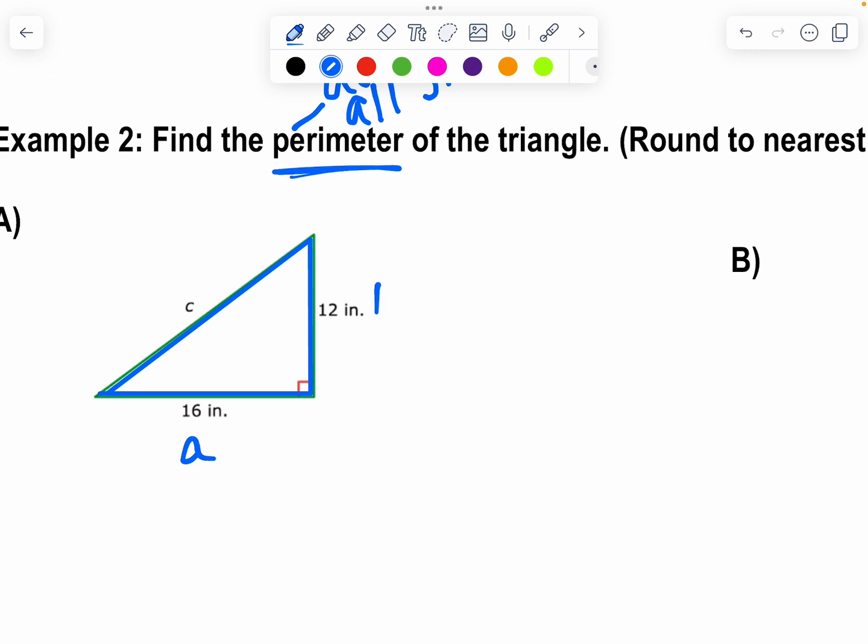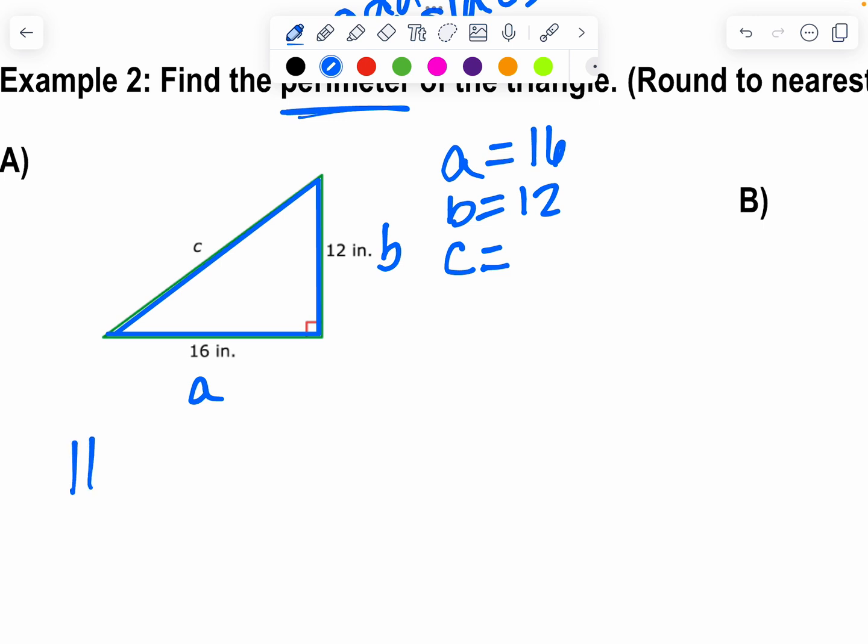So we have A, B, C. A is 16, B is 12. We don't know C. So 16 squared plus 12 squared. What does that equal for C squared?